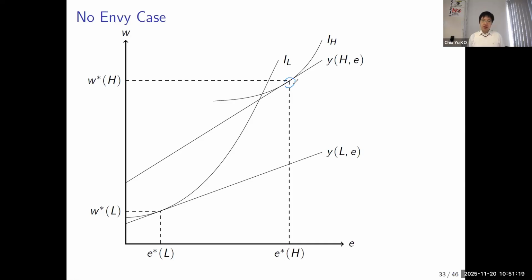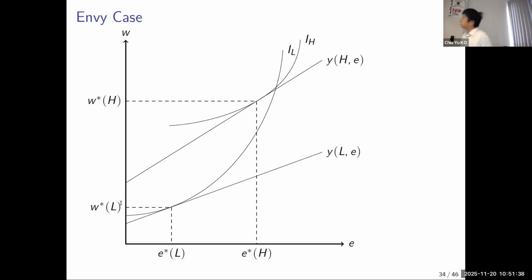Which means that if you ask the low type, are you willing to go to graduate school? Then no. You're happy with the bachelor degree. The other case is what we call the envy case, where you will see the high type outcome is better. He wants to pretend.